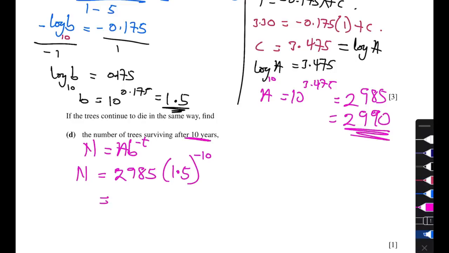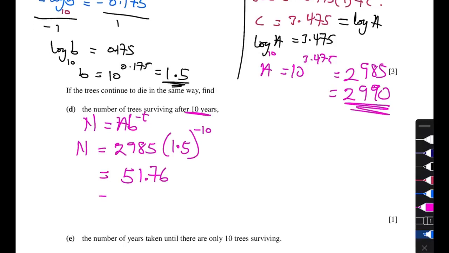Then you put it on a calculator. So you have 2985 times 1.5 to the power negative 10, and that will give you roughly 51.76. Since it's trees, we don't have decimal trees, so maybe about 52?